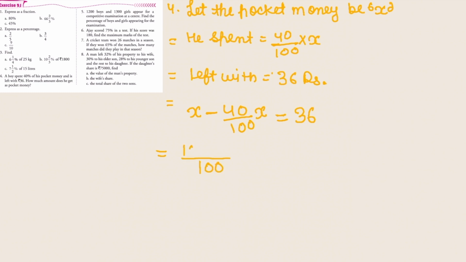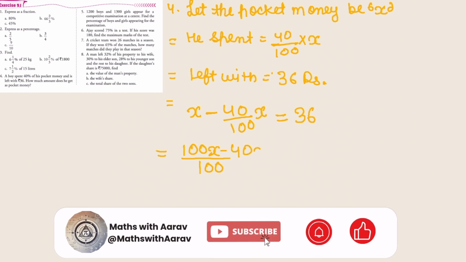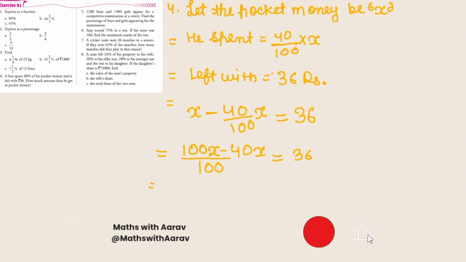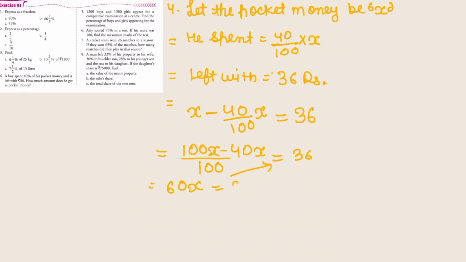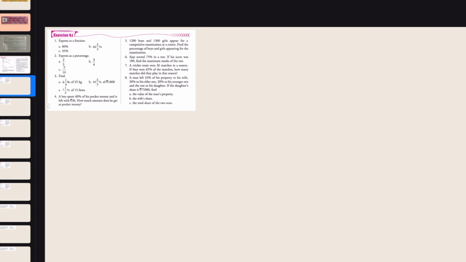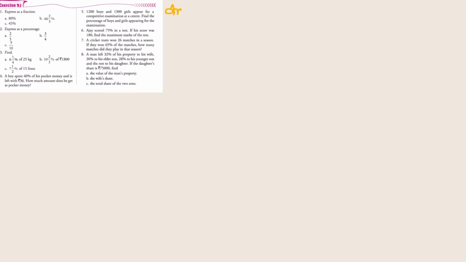It will be 100x minus 40x upon 100 equals 36, so 60x equals 3600. So x equals 3600 upon 60, which is 60 rupees. So the answer is 60 rupees. If you want to verify, you can verify it.